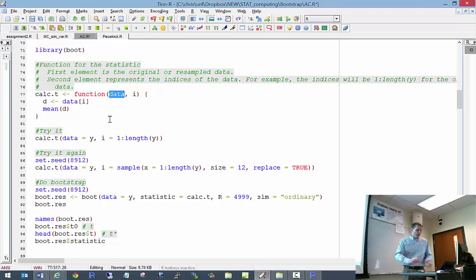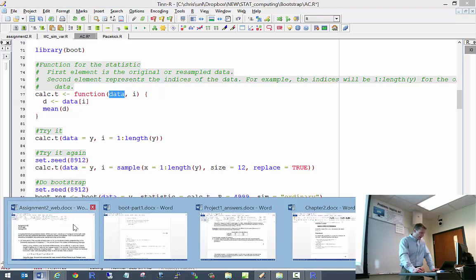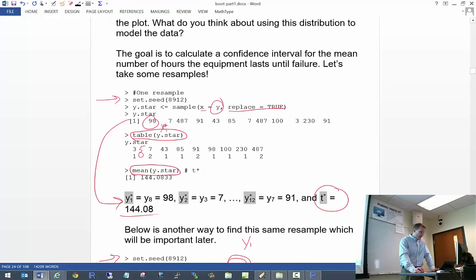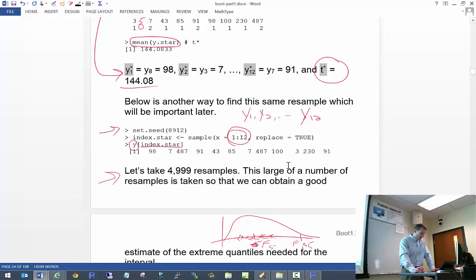Meaning, if you remember from last time, I showed you one way to take a resample was to resample indices. So this was on the bottom of page 22. On this page last time I said, well, we could say sample, and then I'm sampling from 1 to 12, the integers.